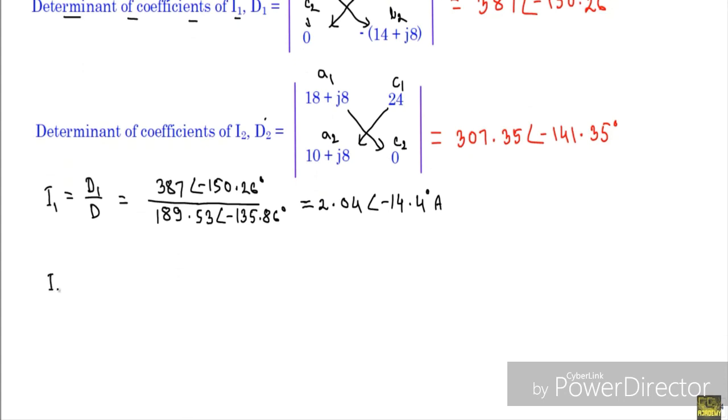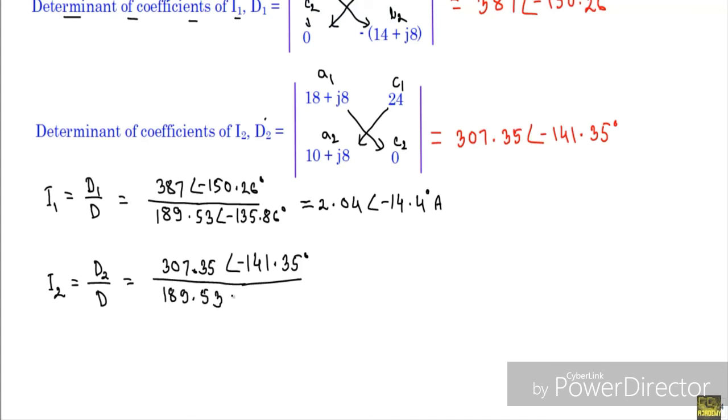Now see, we can also calculate the current I2. The mesh current I2 will be equal to D2 over D. Here D2 is equal to 307.35 with phase angle minus 141.35 degree, and D is equal to 189.53 with phase angle minus 135.86 degree.